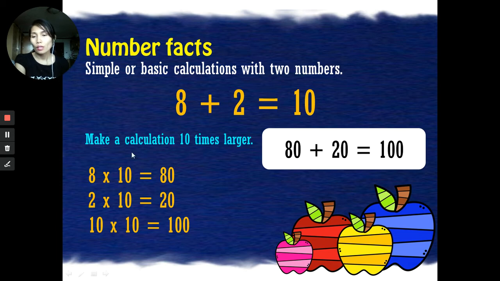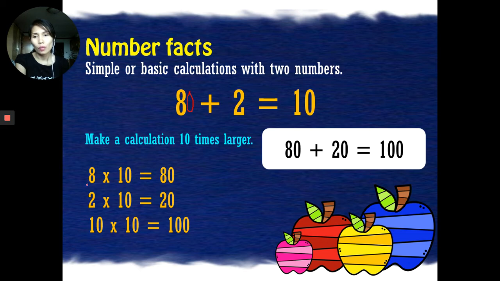Okay, even without calculating, solving like this, we can easily find the answer by just adding 0. Because if a number is multiplied to 10, then you just add 1 0. 10 has 1 0, so you add 1 0.